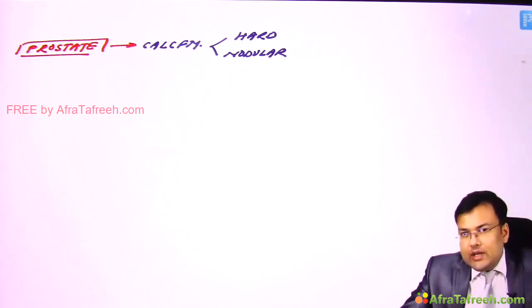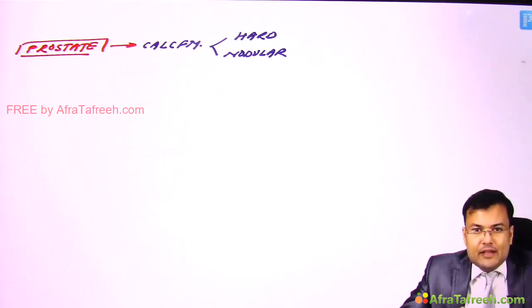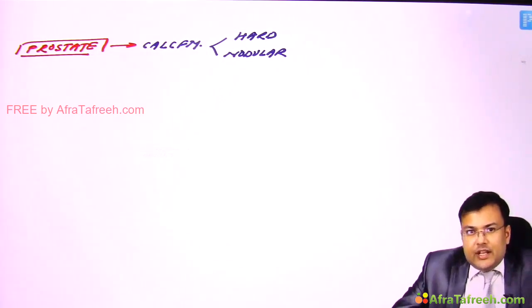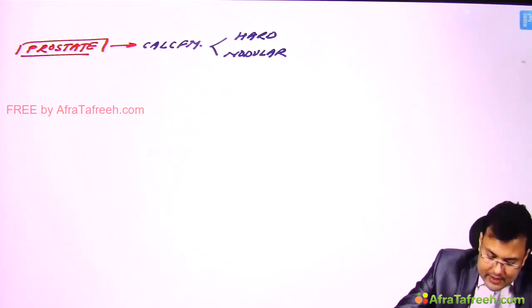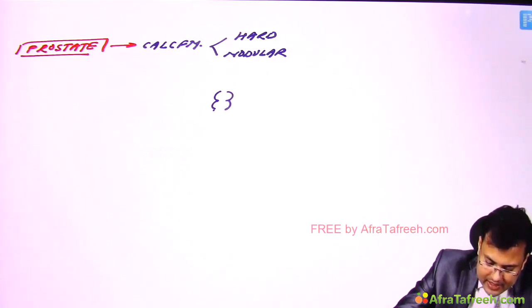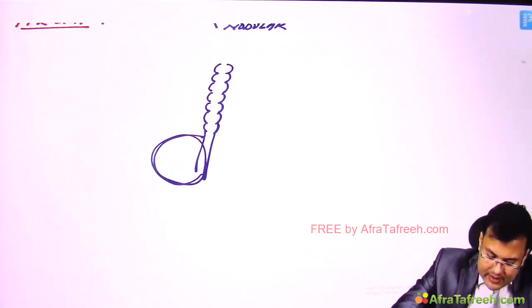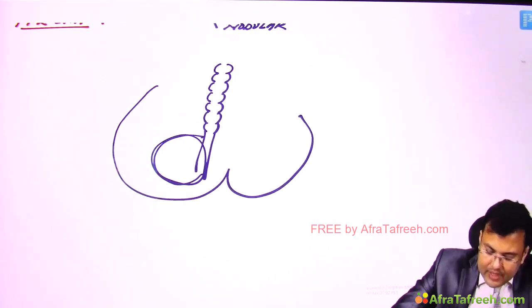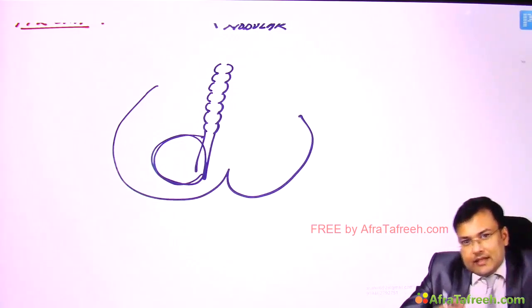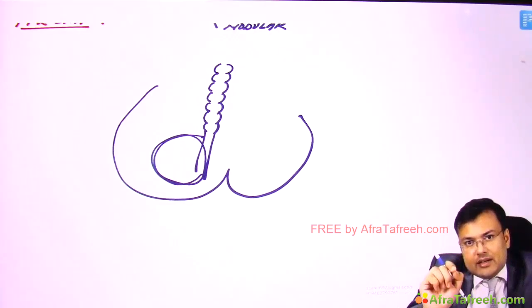Simple. Now what is the change in vas deferens? Vas deferens is having this kind of appearance. Tell me what is the name of this appearance? This is beaded appearance. So this is beaded appearance of vas. And this is the testis, this is the scrotum. Now what is the problem? In vas deferens there is stricture and dilatation. Why?